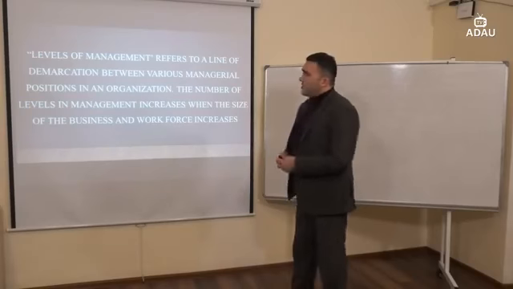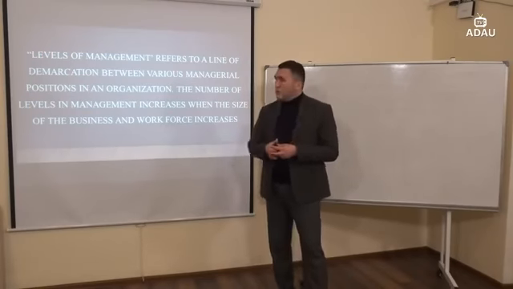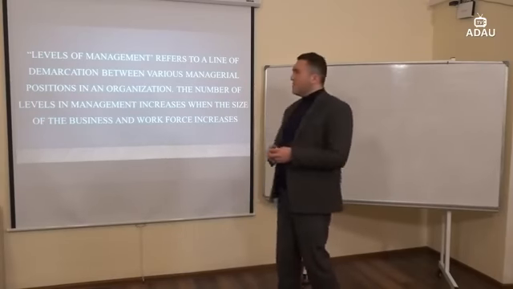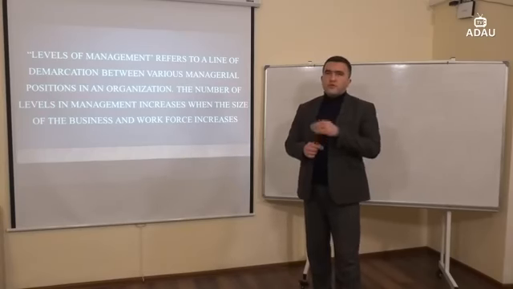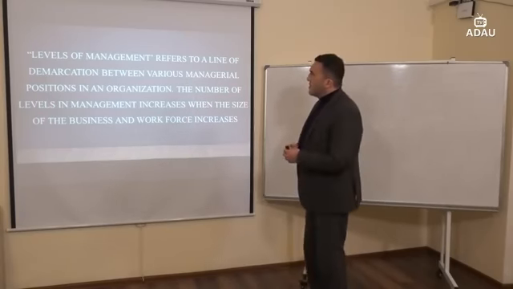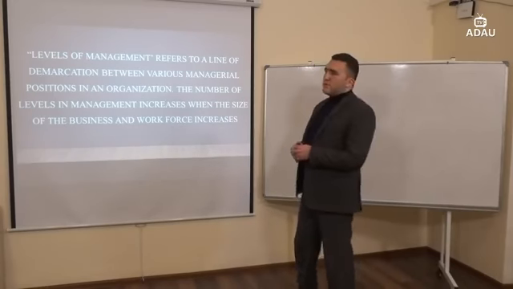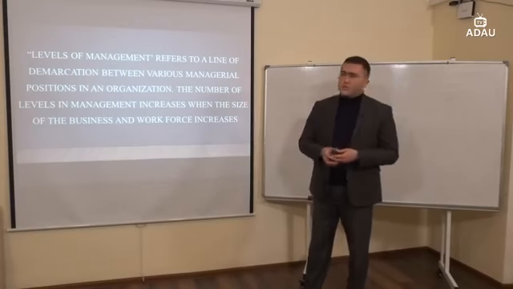Okay. Another important thing which I want to tell about is the levels of management. What are the levels of management? In any organization, there are some levels of hierarchy, levels of administration. Well, what does it mean, levels of management? Levels of management refers to a line of demarcation between different managerial positions in an organization.